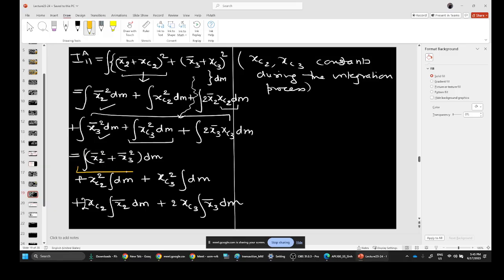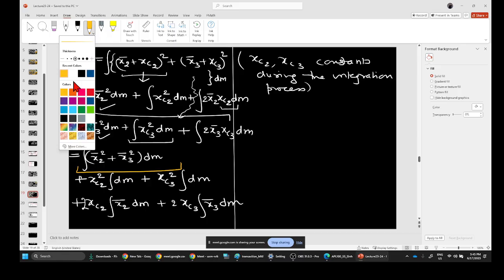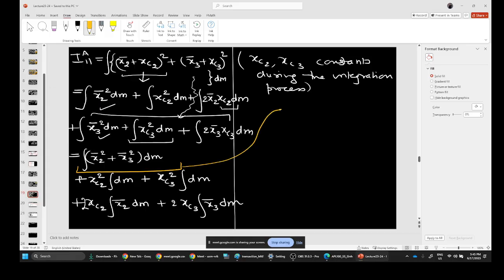Now these two terms add up. By definition, this whole thing can be written as IC11. That is what IC11 should be by definition of the moment of inertia 1-1 component.